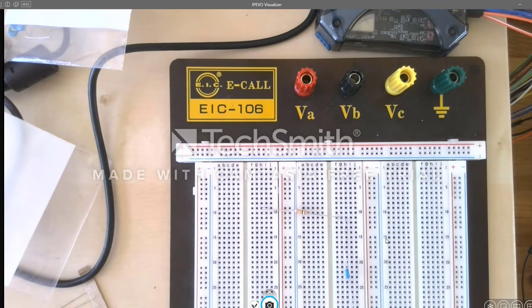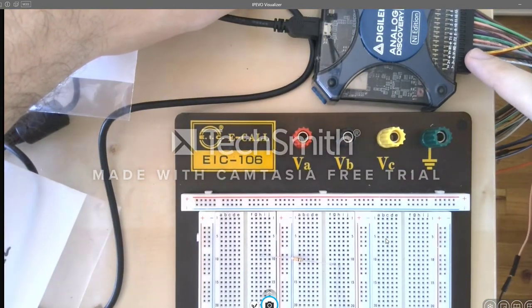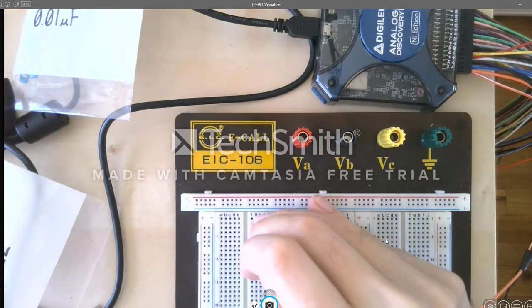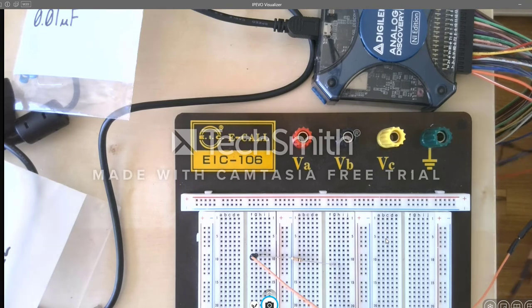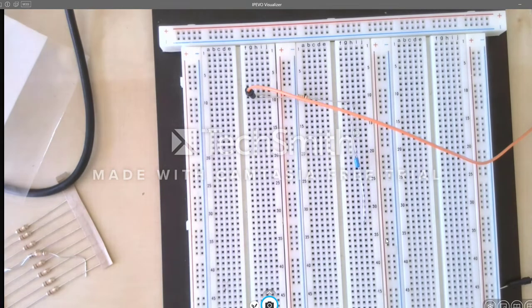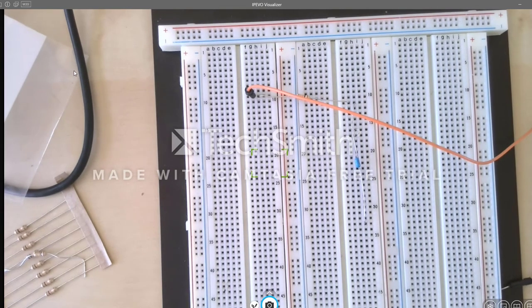Okay, we have the RC part. Let's connect the waveform W1 from the analog discovery device. We're gonna ground the circuit as usual. I'm gonna ground it here.